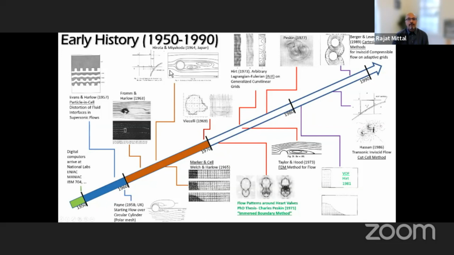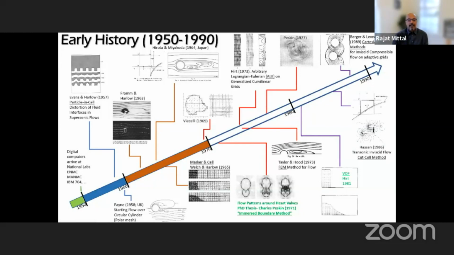I would call out some interesting work by Hirota and Miyakoda in 1964, where they solved vortex shedding past a cylinder using a Cartesian immersed boundary method. The marker and cell method of Harlow and Welch, a very famous method for doing interfacial flows, appeared in 1965.